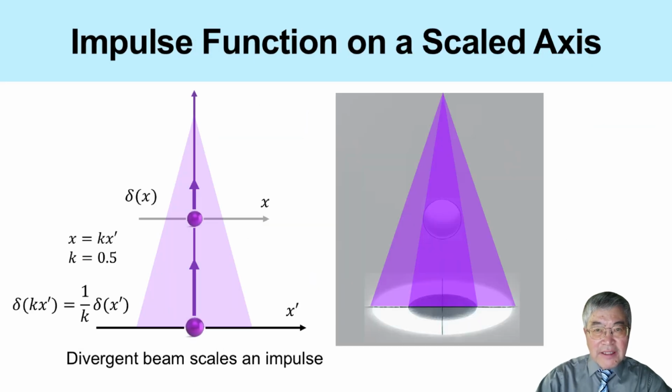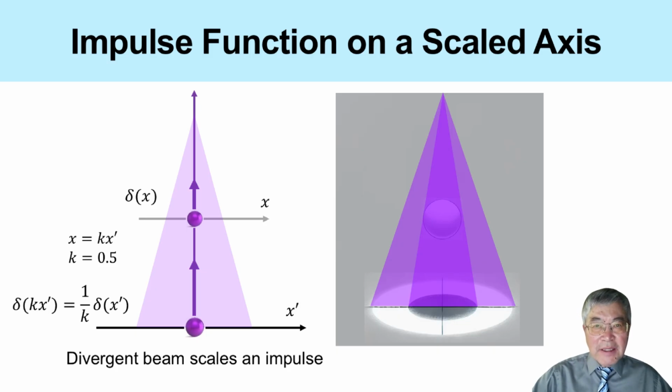Next, let us consider another effect, which is beam divergence. In fan beam geometry, the X-rays come from a point source, so the beam is not parallel. It spreads out as it travels from the source to the detector. Now imagine that we have a small purple point object near the origin.